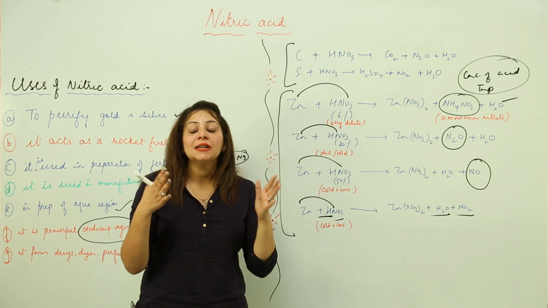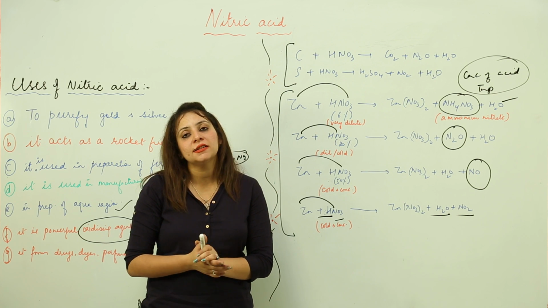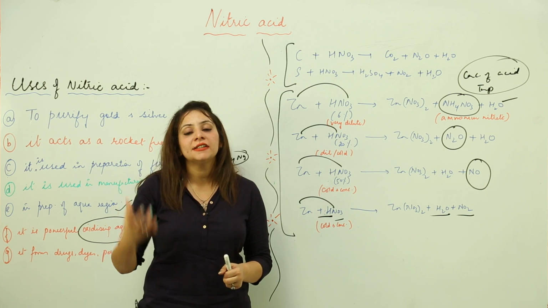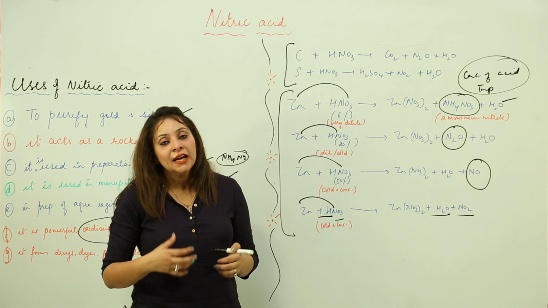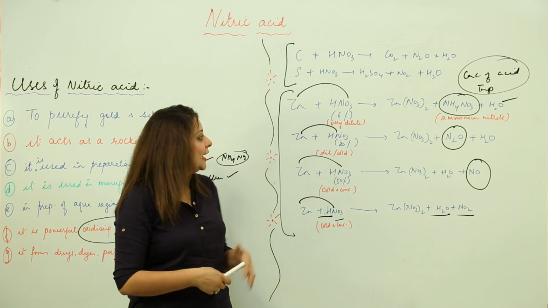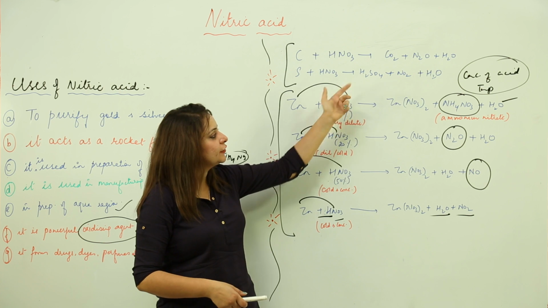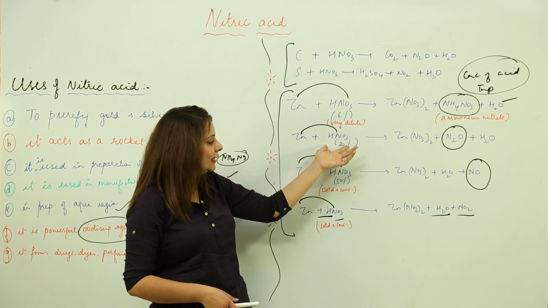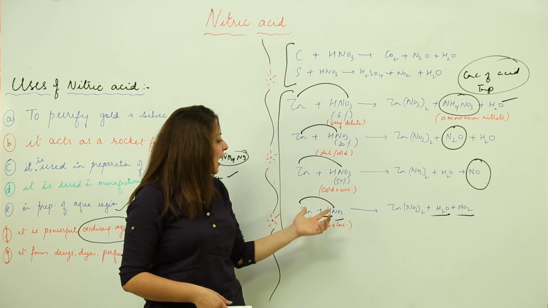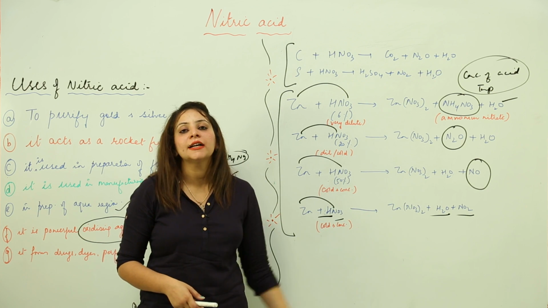So, it serves an important use in oxidation, that means it is acting as a powerful oxidizing agent. It oxidizes the other substance and gets reduced itself. As you saw, HNO3 gets reduced to NH4NO3 in one case, to N2O in another, to NO here, and to NO2 here.